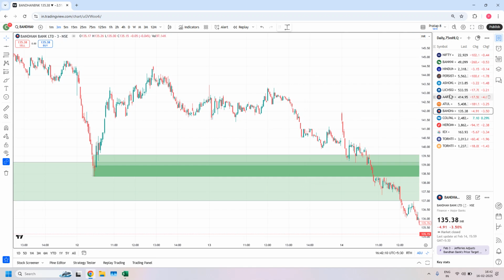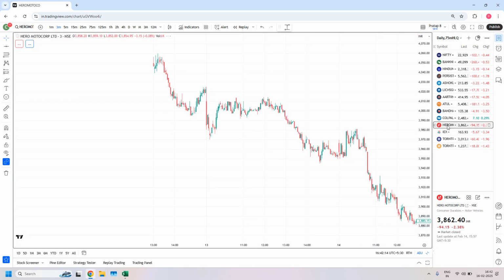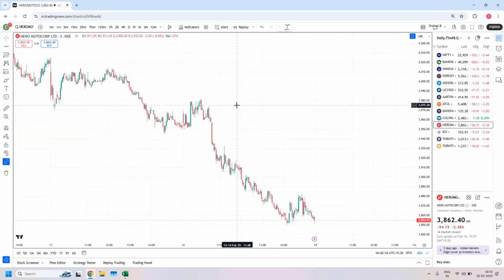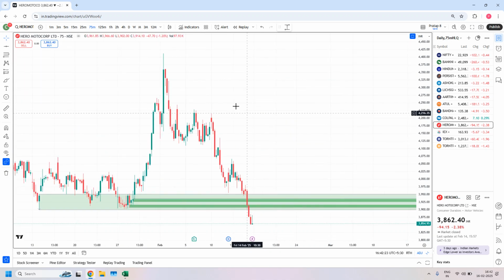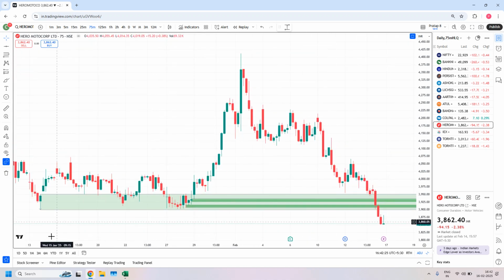Hero Motor Corporation. This is also a 75 minutes high liquidity zone. So this is a drop base rally. Previously this zone was tested twice. But at that time it created an order flow here, a 15 minutes order flow.